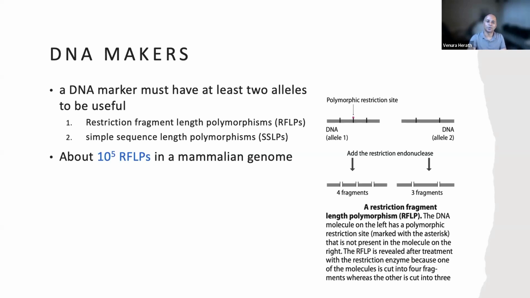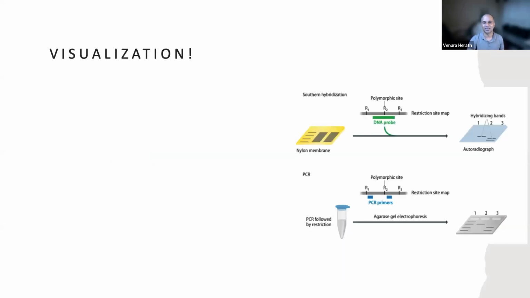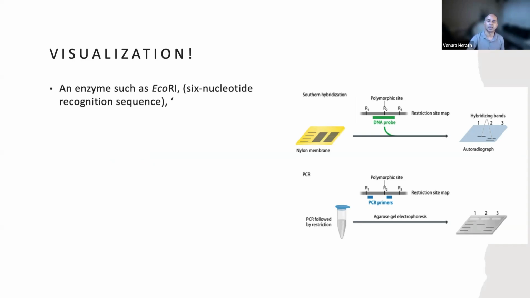Now if you think about it, this is a large number of RFLPs. Let's say you cut your genome with your favorite restriction enzyme. You're going to get a lot of bands. Take EcoRI as an example. It identifies a six-nucleotide palindromic sequence, GAATTC.